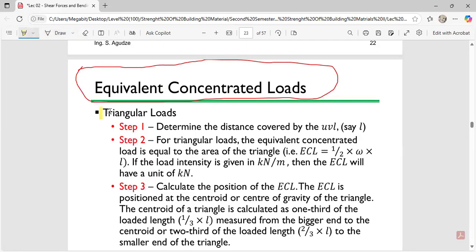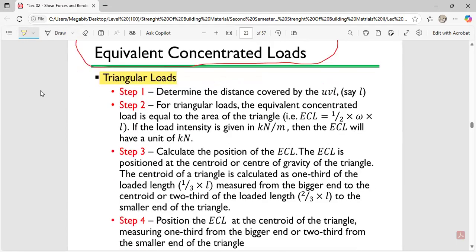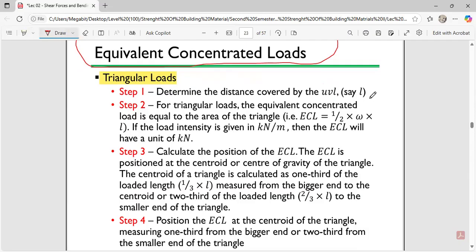For the triangular load, first of all, you have to determine the distance covered. Then secondly, for how to calculate the ECL, for triangular loads the equivalent concentrated load is equal to the area of the triangle, and the area of a triangle is half base times height.